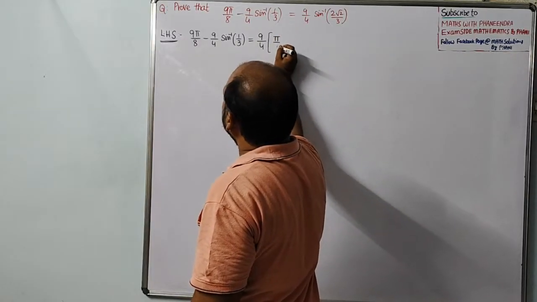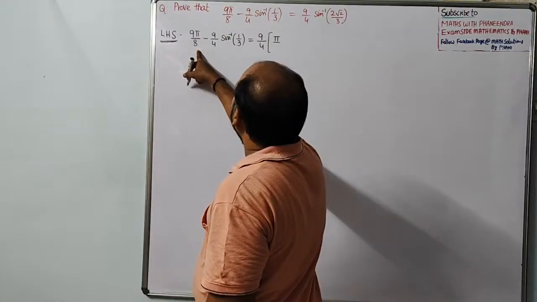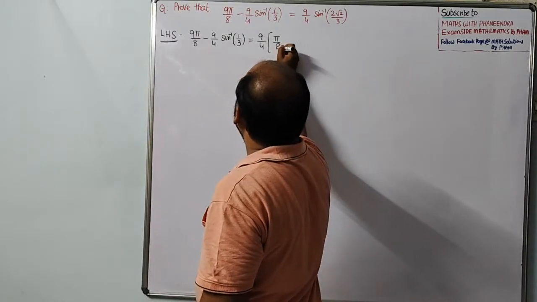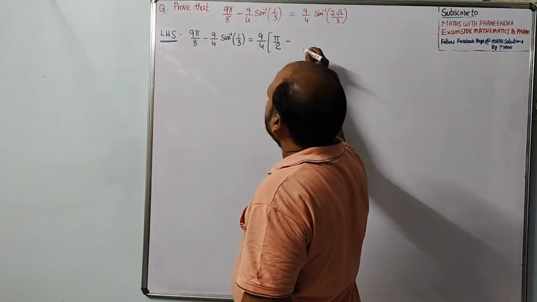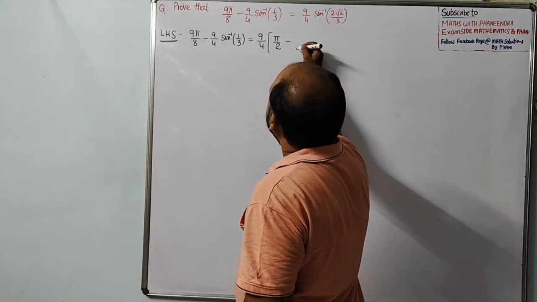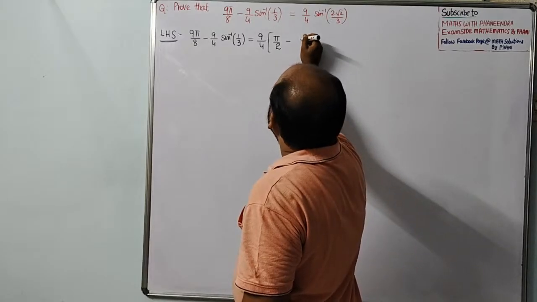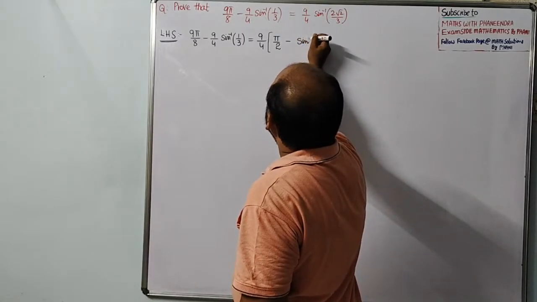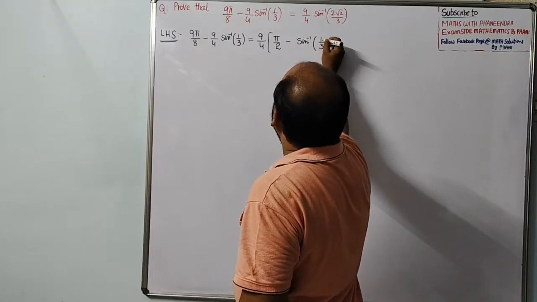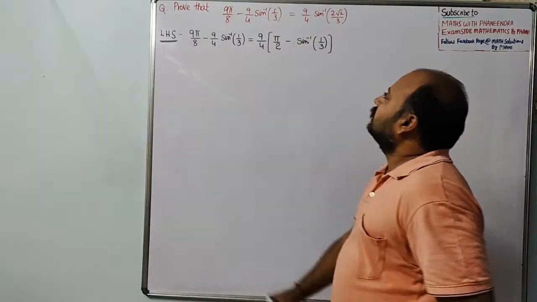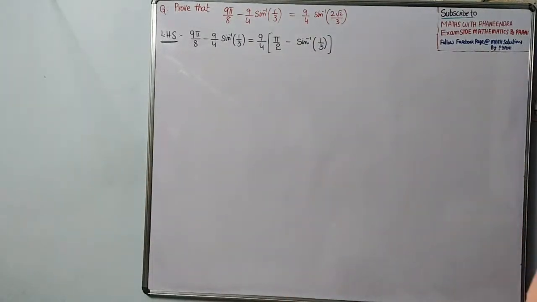So it is equal to 9 by 4, and if we take out common, is it pi by 2? Yes, pi by 2 minus sine inverse of 1 by 3. Okay. Till here everyone got it? Just think about how.